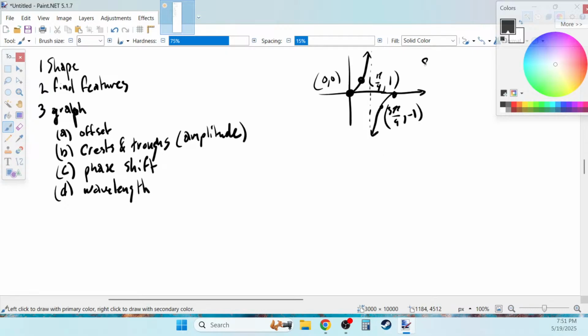So that's what I mean by the shape. If you know the shape of all 6 of your trig functions and their basic forms, that is step 1. So if I want to graph, say, y equals 1/2 tangent of 3x plus 3 pi over 2, plus 1.